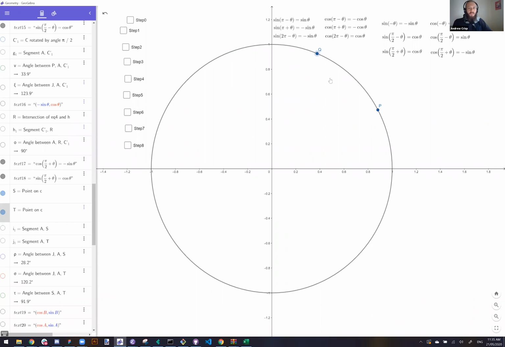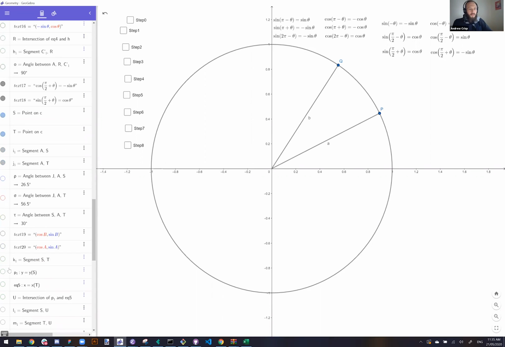It can be here, it can be around over here. But I'm going to just start them both off in the first quadrant. Okay, let's connect these up and make a triangle. I go like this, 1, 2, and 3.